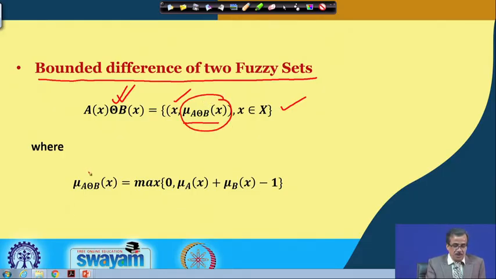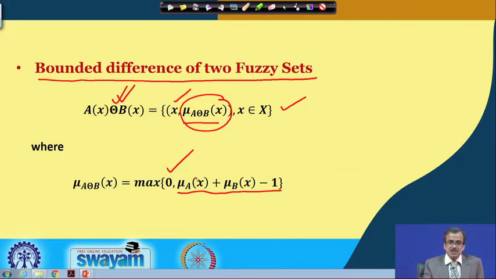Now, this mu of A bounded difference B is nothing but the maximum between two quantities, one is 0 and another is mu A(x) plus mu B(x) minus 1.